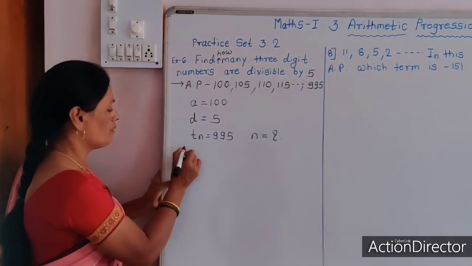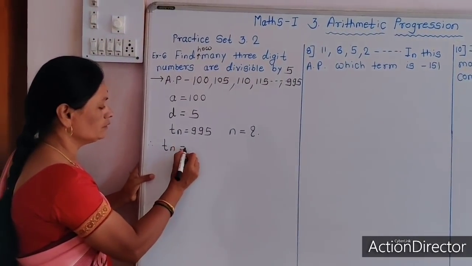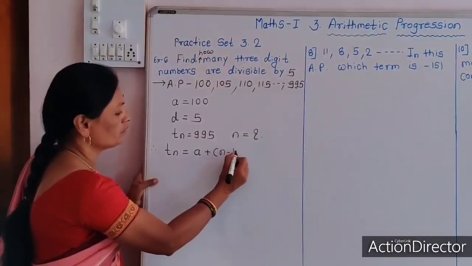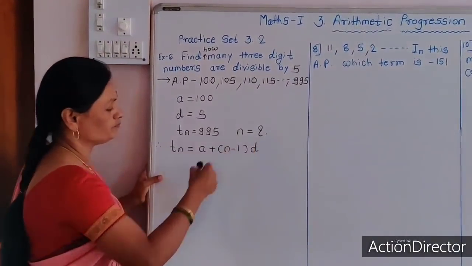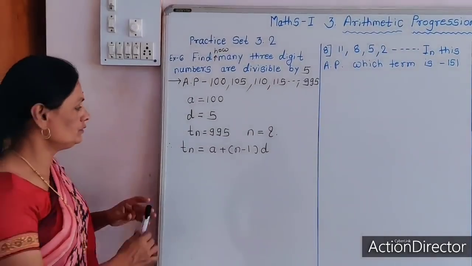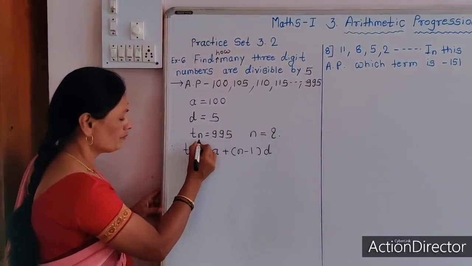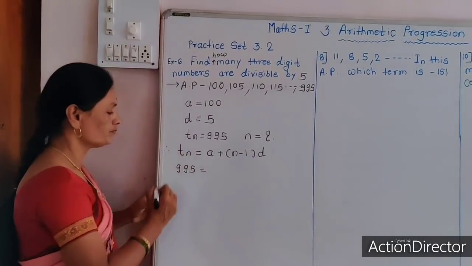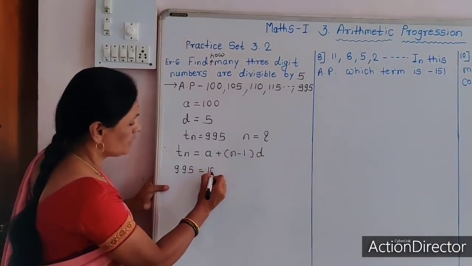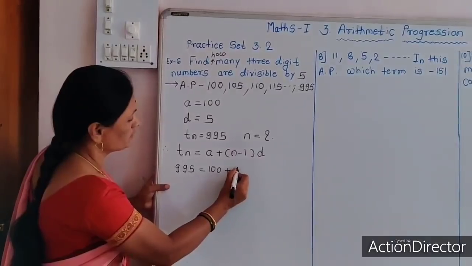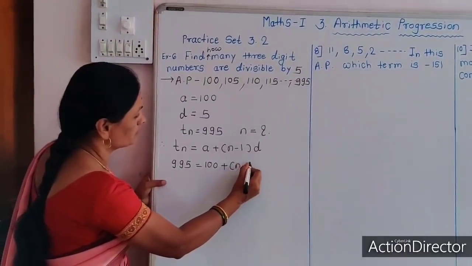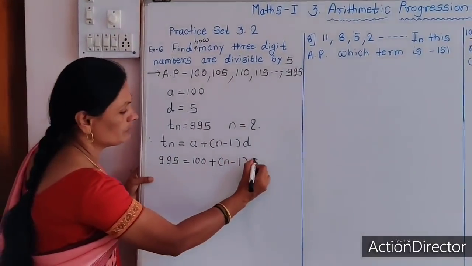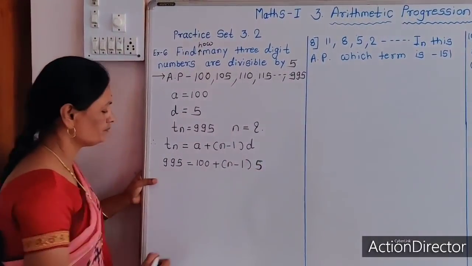Therefore, we write the formula here: Tn is equal to A plus n minus 1 into D. We put the values: 995 is equal to 100 plus n minus 1 into 5. The value of D is 5.